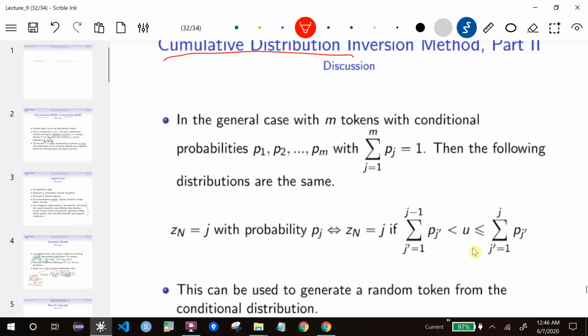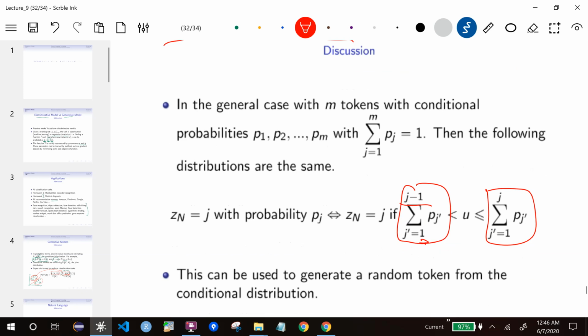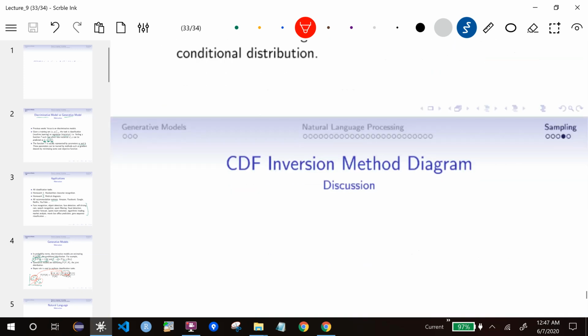A cumulative distribution is basically summing probabilities from the initial point to the current point. So at the beginning, we're just going to compute these cumulative probabilities, and then we're going to use this, based on one random number, to generate the next word.